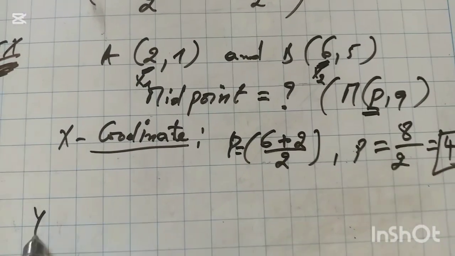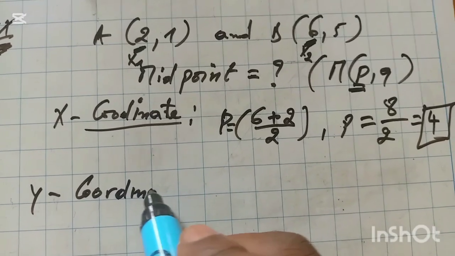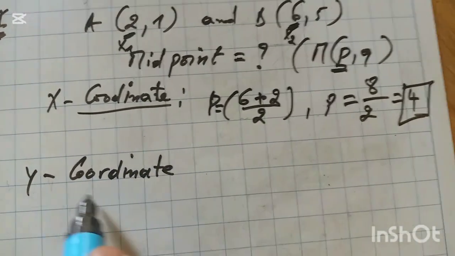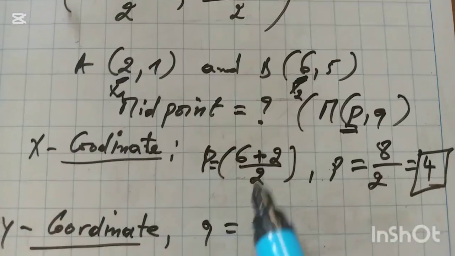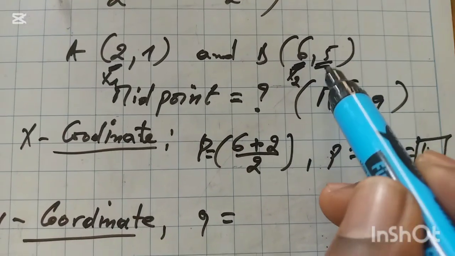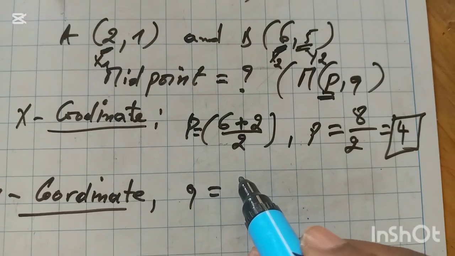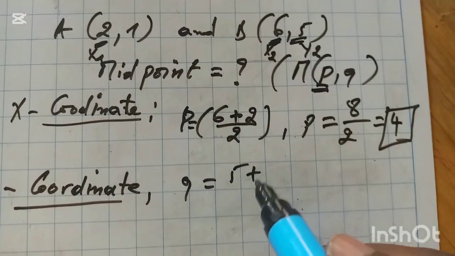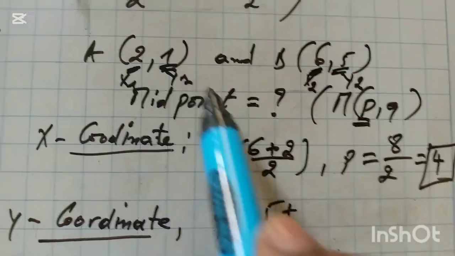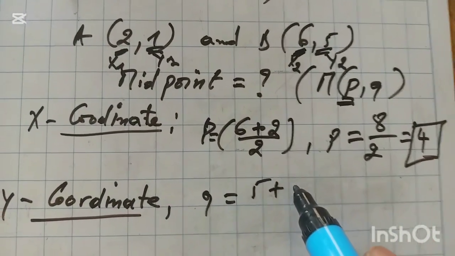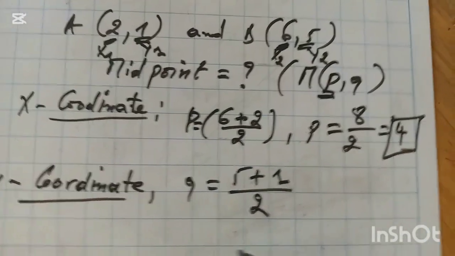For the y coordinate, my Q will be equal to y2, which is 5, plus my y1, which is 1, then we divide by 2.